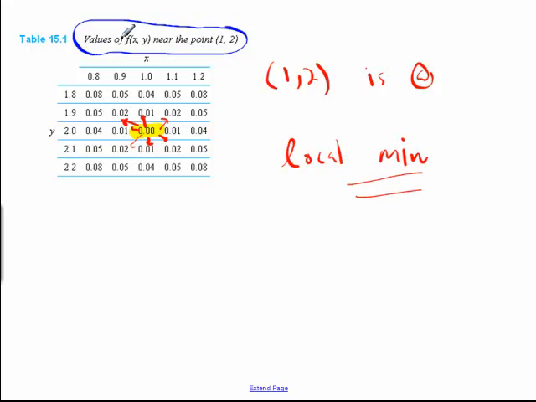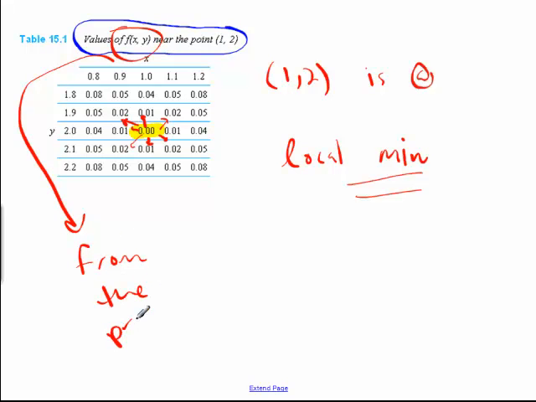And this is the function from the previous page. So one way that you can identify whether or not it's a max or a min is just to plug a bunch of points around your critical point and see, are my z values getting bigger or smaller? In this case, they're getting bigger, so that means that this is a min. However, there must be a better way to do that so that we don't need to create this huge chart, and we will look at that.